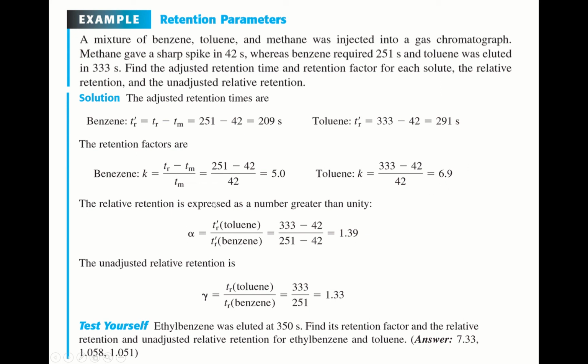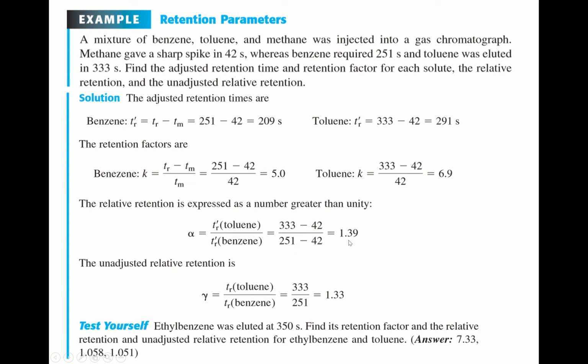Relative retention is expressed as a number greater than unity. Alpha must be greater than unity. So for the two solutes, benzene and toluene, the toluene Tr prime must be in the numerator, and the Tr prime for benzene must be in the denominator.